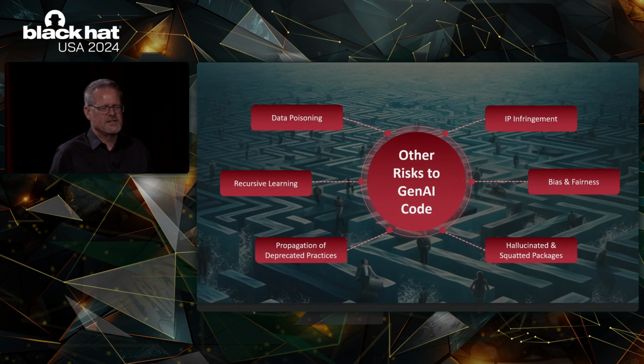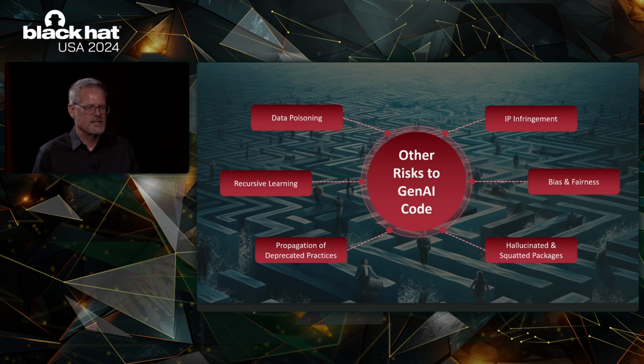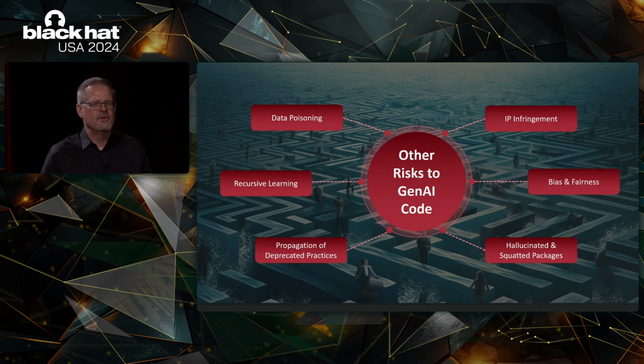And then I wanted to just quickly touch on some of these other risks. You could have a whole presentation on some of these. One is data poisoning. People can be creating projects out there in open source that have all these vulnerabilities in them. Frankly, there are known vulnerable apps, like DVWA, already out there in repos that are purposely apps full of vulnerabilities.